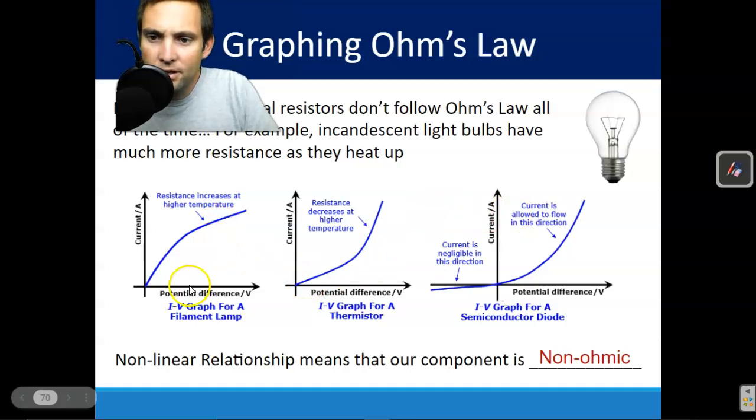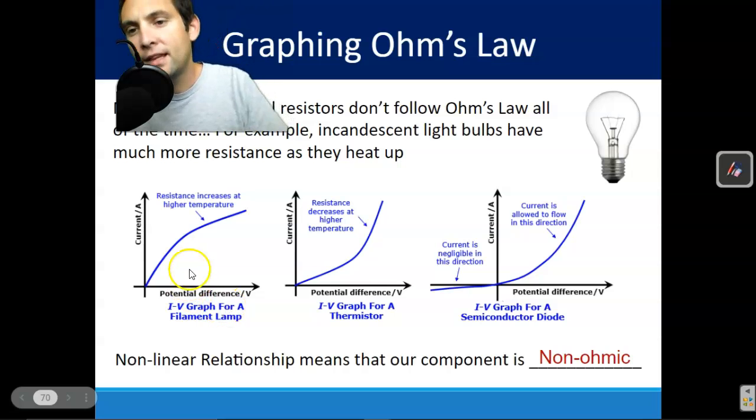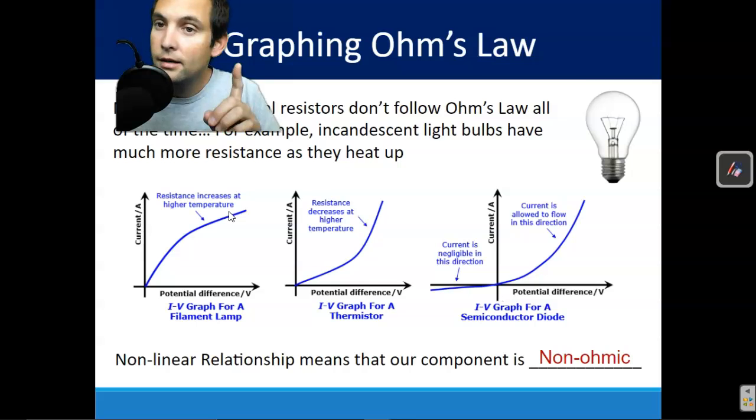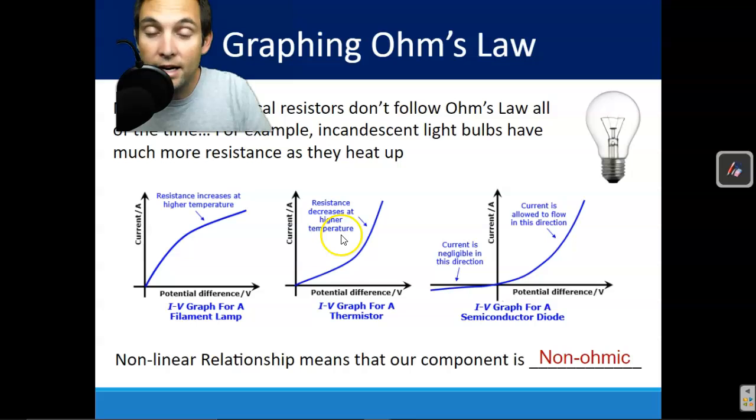If we're looking at the IV graph for a filament lamp, resistance increases at higher temperatures. Ohm's law only works if the temperature is constant. IV graph for a thermistor: resistance decreases at a higher temperature.